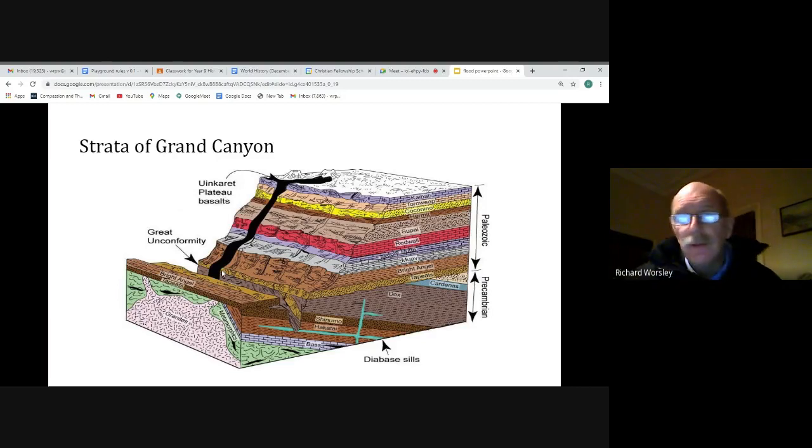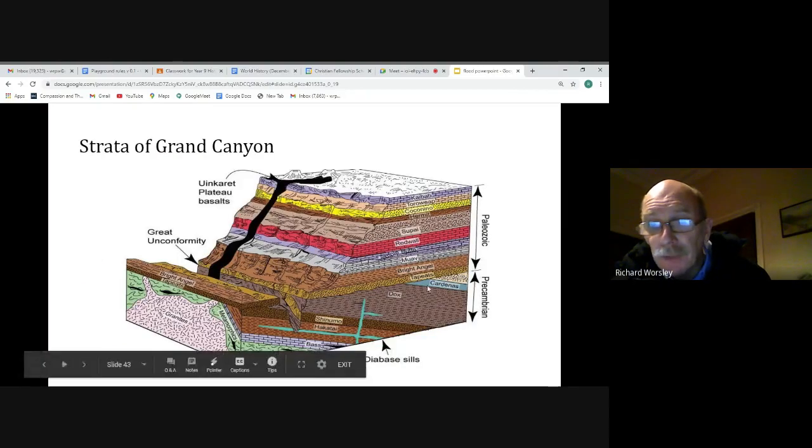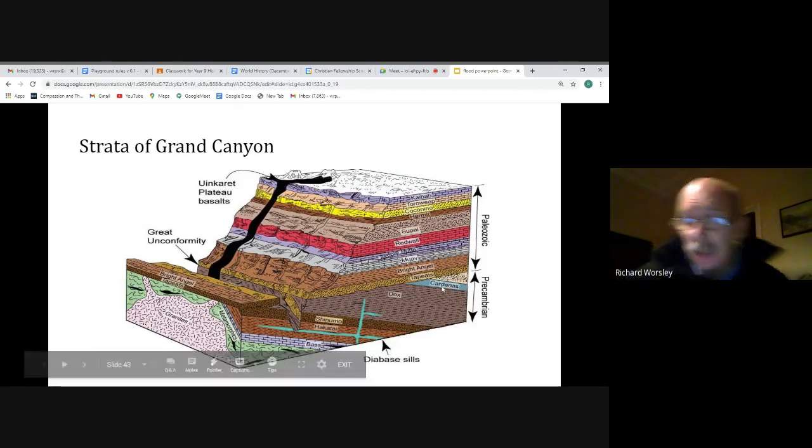And we'll come back to that in a minute. But there are definitely inconsistencies in the dates that you get from various rock formations. So you get a situation with the Cardenas basalt, which I'll go back to. Cardenas basalt is here, and it does emerge at some points in the Grand Canyon.